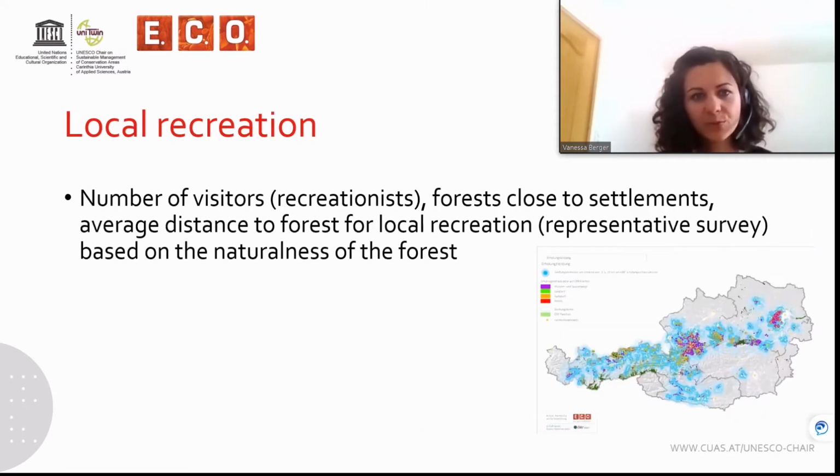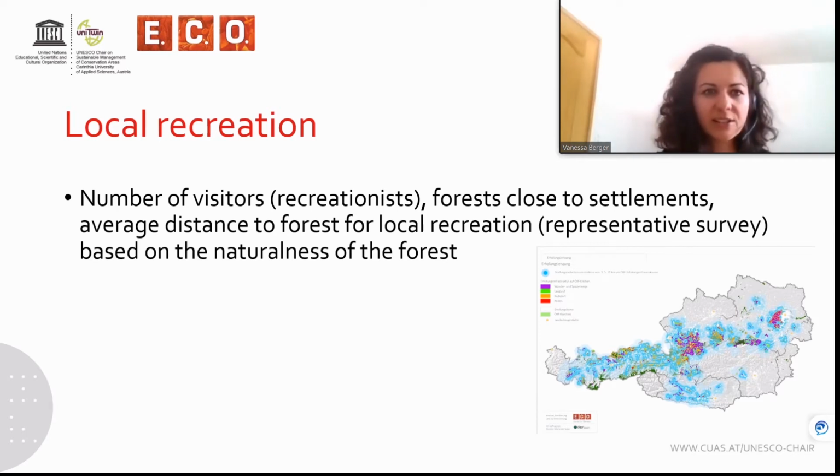Then the next one was the local recreation. In here, we had a look at where we go hiking and cycling, and how far we go for those things. So the number of visitors who recreate in the forest, and how far they go from the settlement, just by day.